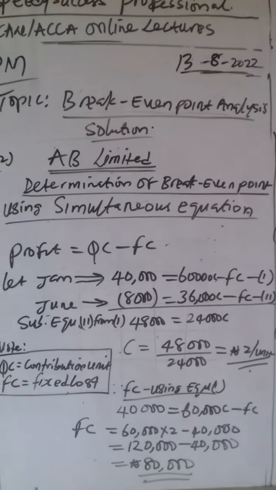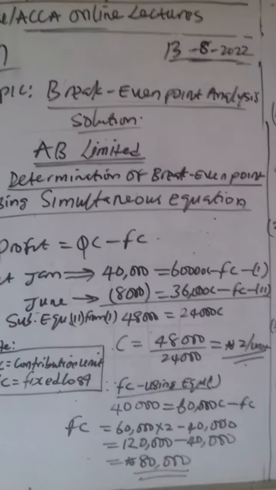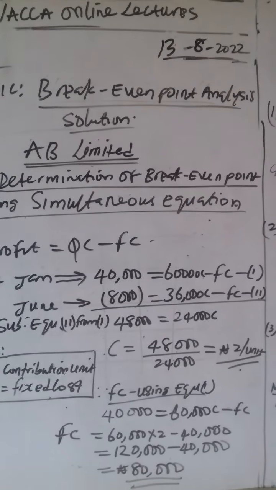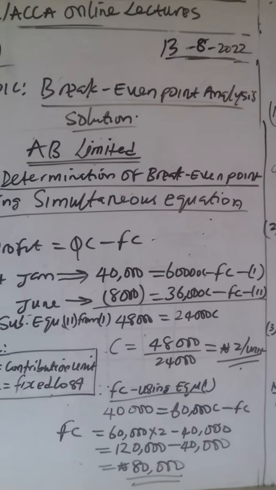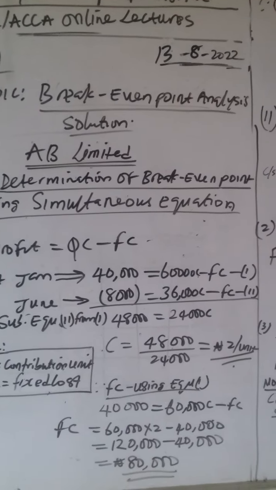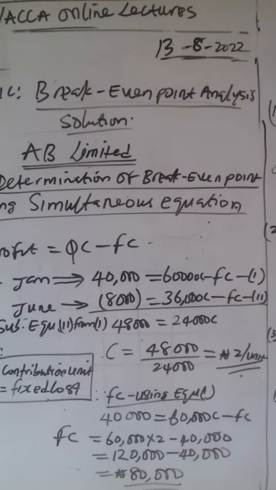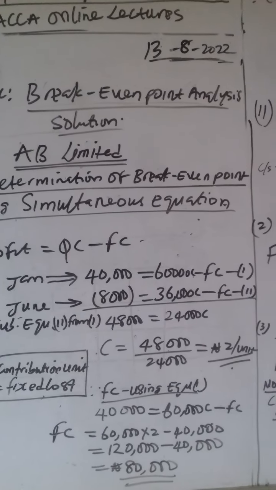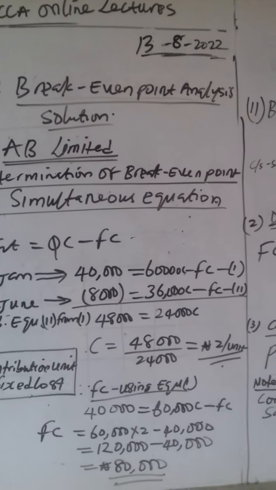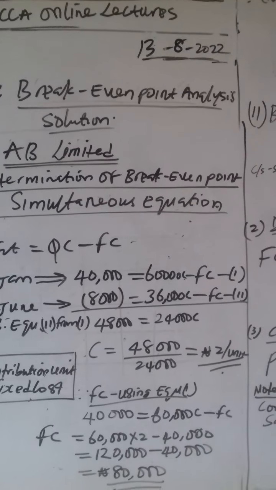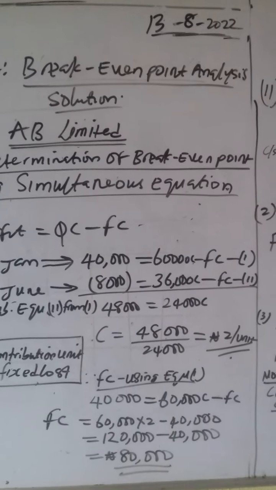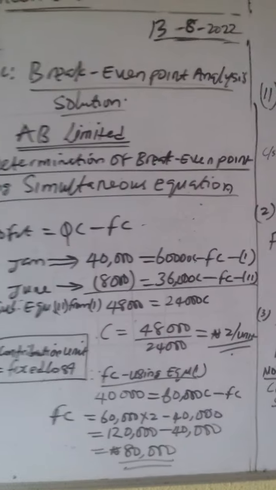Then 36,000 from 60,000 definitely gives us 24,000 with the C sign with it. Now, fixed cost minus fixed cost is gone. We now have 48,000 against 24,000 C. C, therefore, is 48,000 divided by 24,000, which gives us 2 Naira per unit. That's how you have to start.